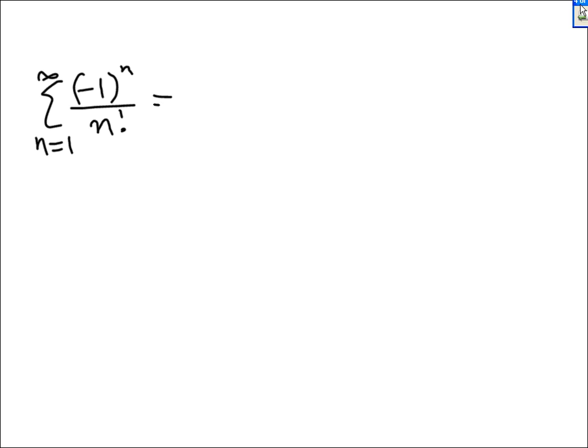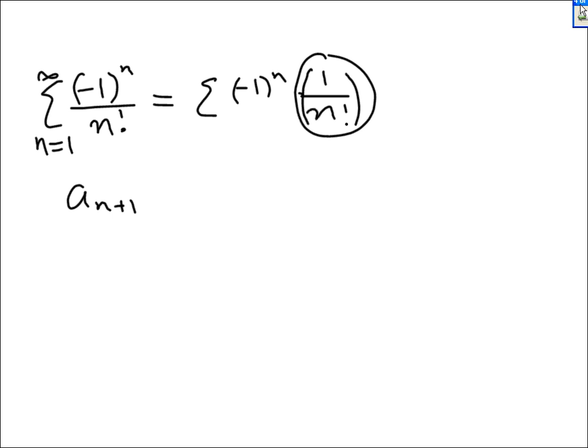Okay, so realize whether you write this down or not, this is the summation of negative 1 to the n times 1 over n factorial. This here, that's a sub n. The a sub n's are always positive. This is positive. That was the initial statement.